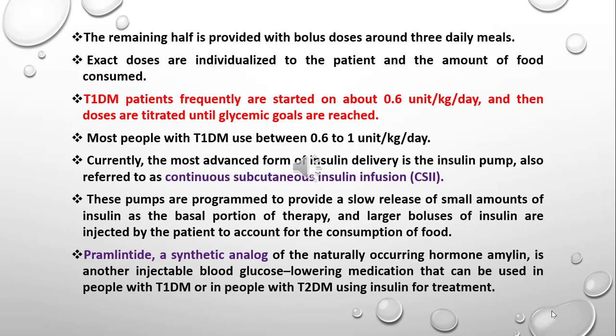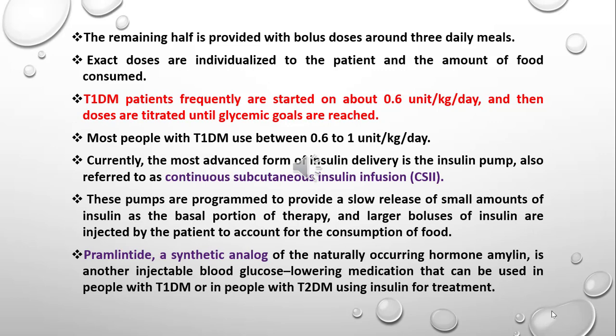Type 1 diabetes patients frequently are started on about 0.6 unit per kg per day, and then the doses are titrated until the glycemic goals are achieved. Mostly people use between 0.6 to 1 unit per kg per day.